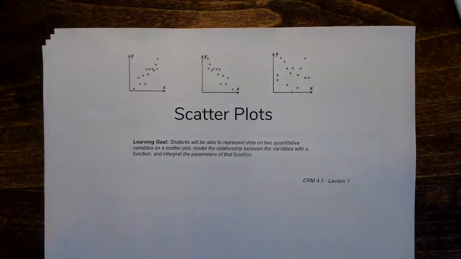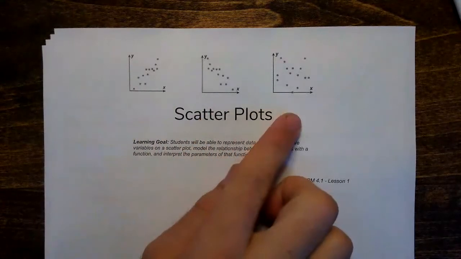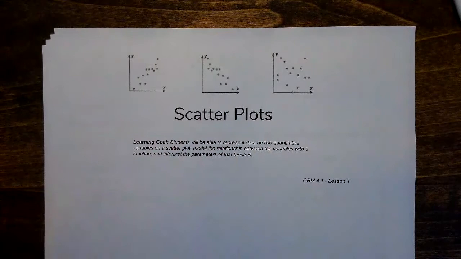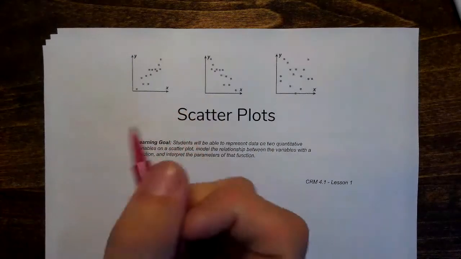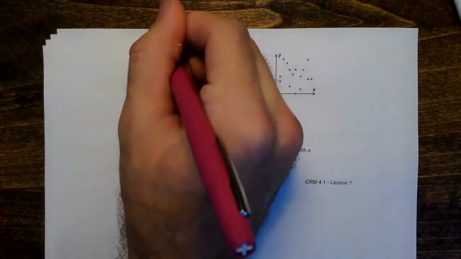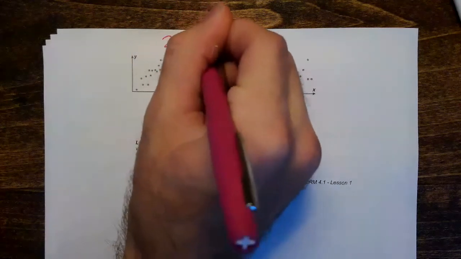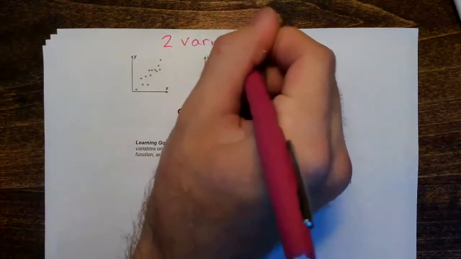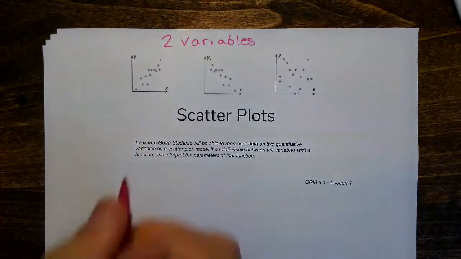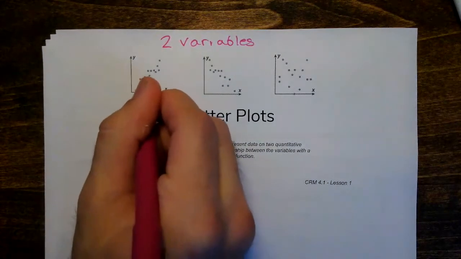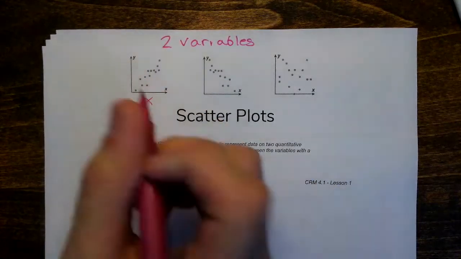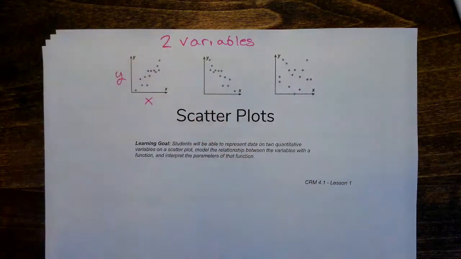Okay, so let's get right into it. We're going over scatter plots. These are just some examples of scatter plots, and the idea behind these is that there are 2 variables. So each of these deals with 2 different variables. There's one that's going to be on the x value, and there's going to be a different one on the y value.